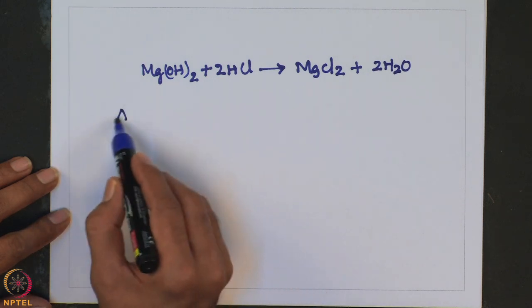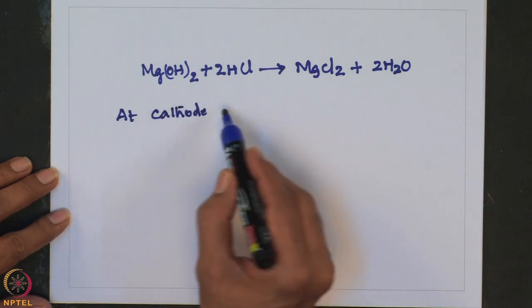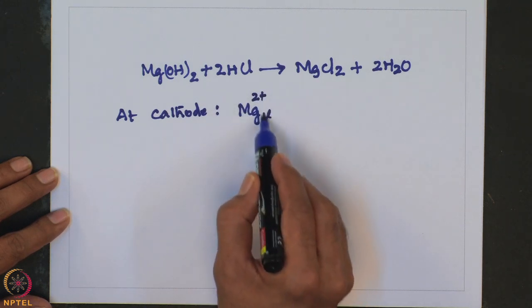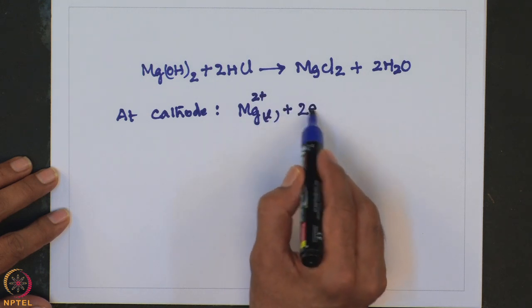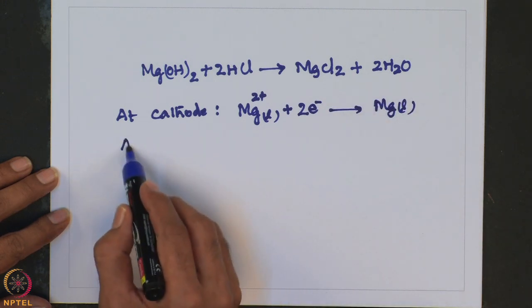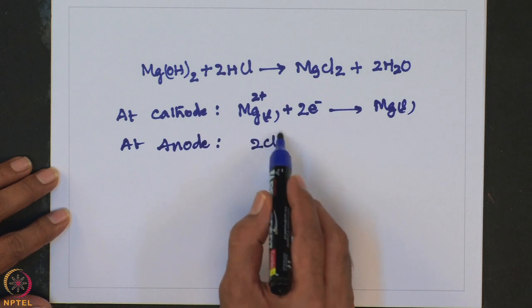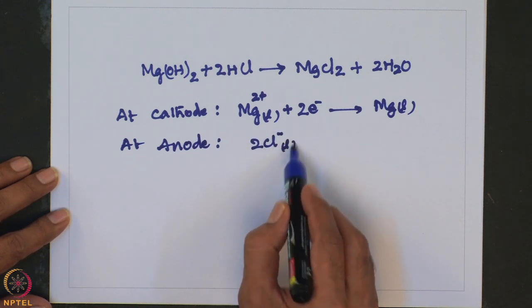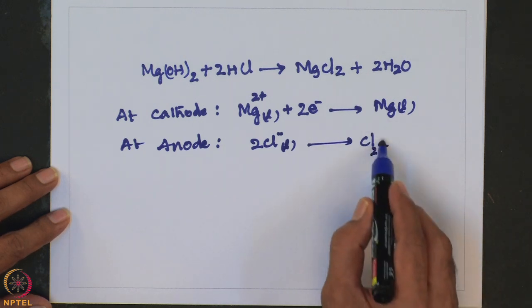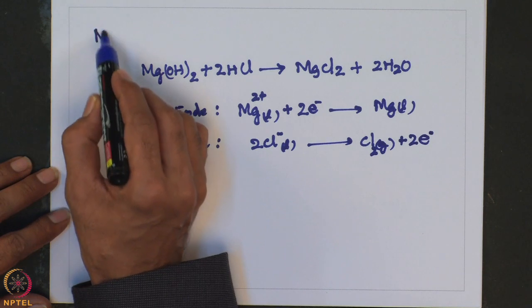So, in molten electrolysis at cathode, so at anode, so reduction of chloride takes place. Okay. And this is for magnesium.